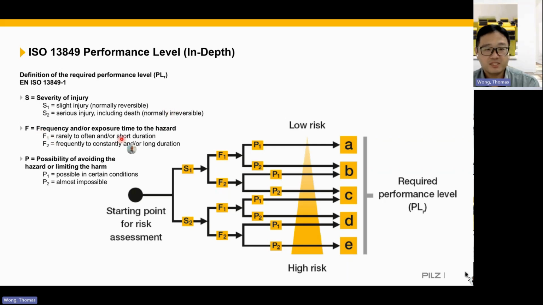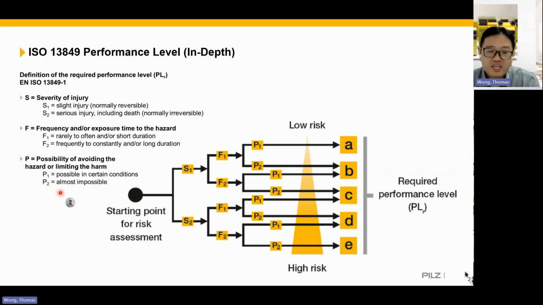Then the frequency: F1 is rarely to often and short duration, or F2 is frequently to constant and/or long duration. The last one is probability of avoiding the hazard or limiting the harm, which is P1, possible under certain conditions, or P2, almost impossible.